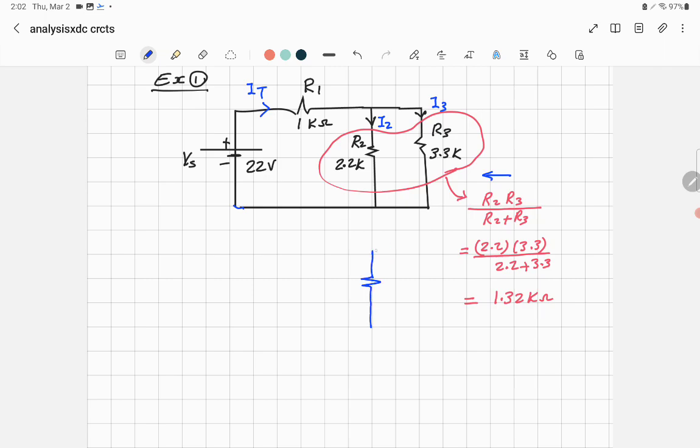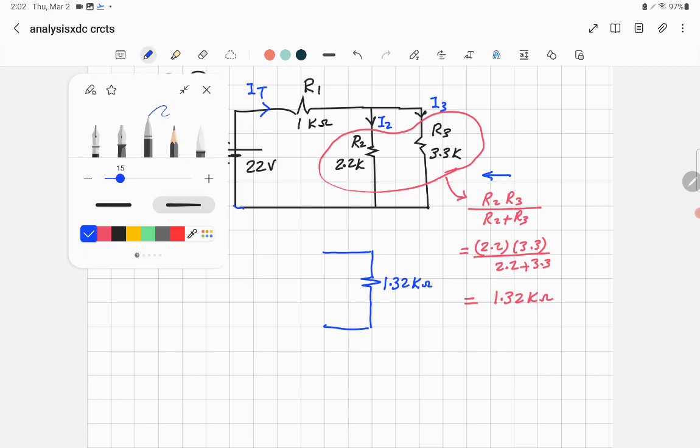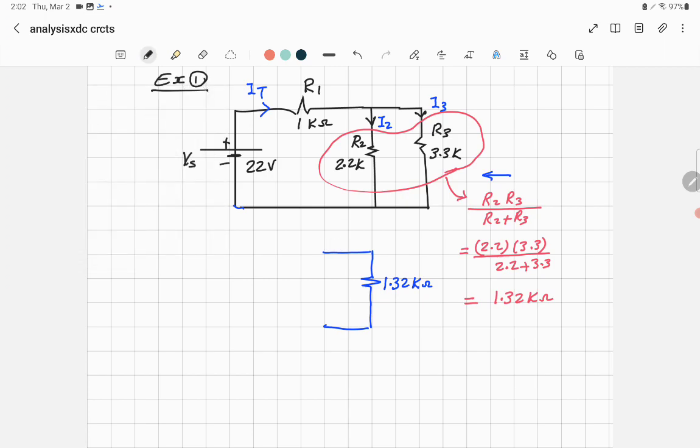The parallel resistors will be only equivalent to one resistance, and the value of this one is 1.32 kilo ohm. We complete the circuit. We still have another resistance, which is R1, equal to 1 kilo ohm, and the voltage supply, which is equal to 22 volts.